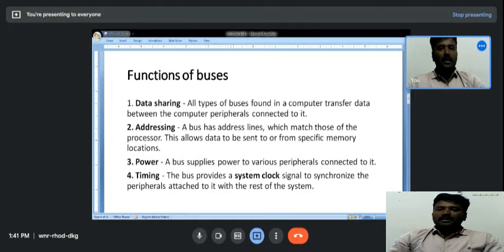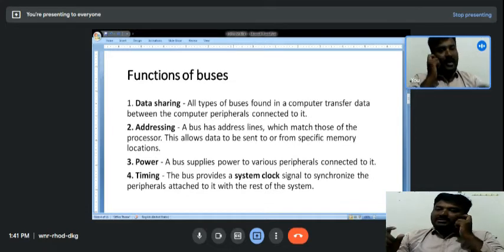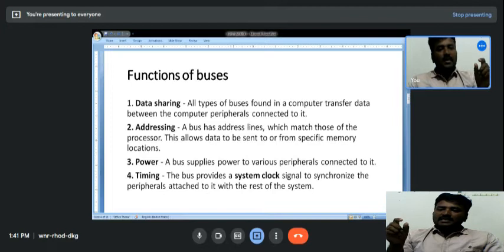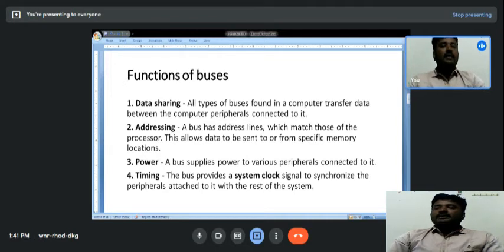This allows data to be sent to and from specific memory locations or address locations. While using registers, there are specific kinds of addressing called indirect and direct addressing. Within square brackets, we specify the content of the particular register by means of location. This is an example of the address bus.